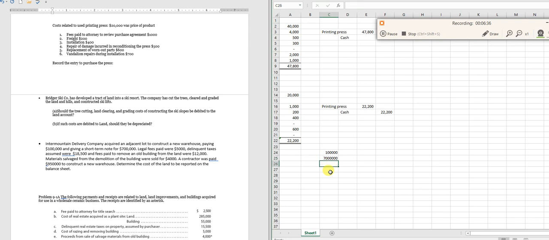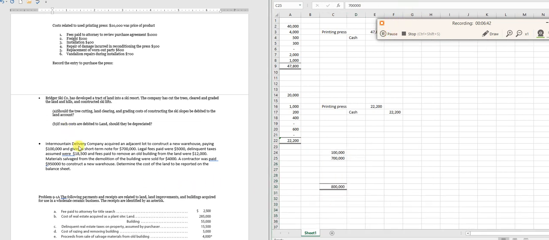So just like some of the homework problems that you have done, where you would debit warehouse, credit cash, credit notes payable for that. Legal fees were $5,000, so again, that's a cost to get the asset ready for its intended use.